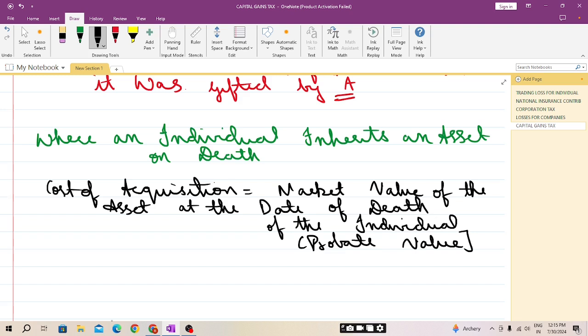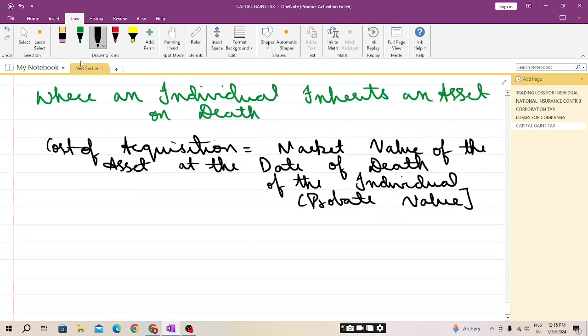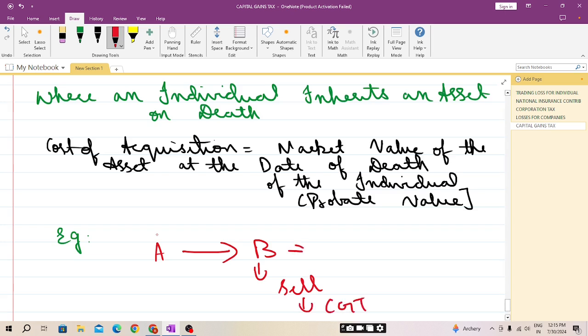Do not confuse this with the transfer of an asset on death. Let's take an example. Here, same A to B. B is selling the asset, so CGT will be applicable. B receives the asset. The asset is inherited, students.